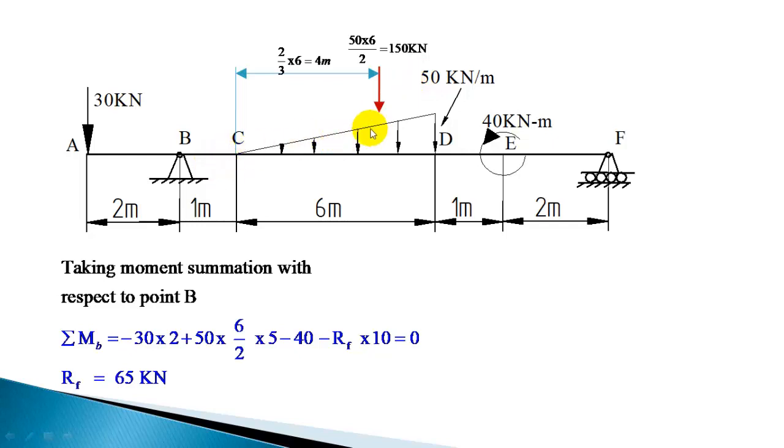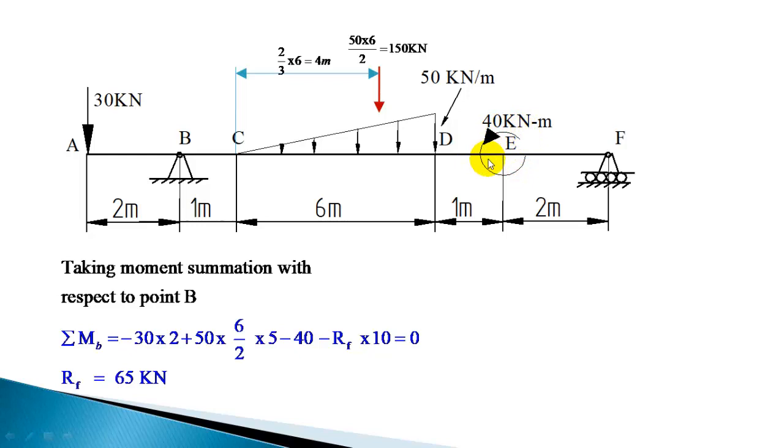So from C it is acting at a distance of 4 meter, or from B it is acting at a distance of 5 meter. So the moment of this UVL is 150 into 5 meter, 4 plus 1, 5 meter. So 50 into 6 by 2 into 5 is the moment of this triangular load.